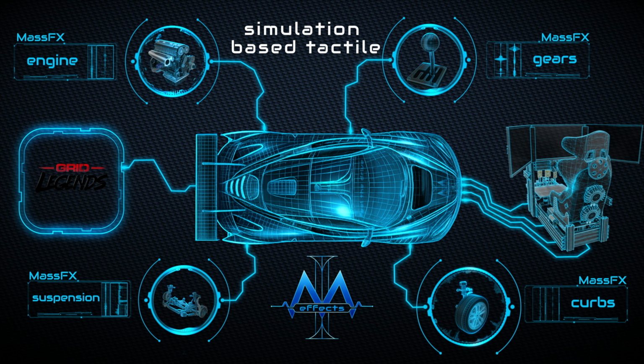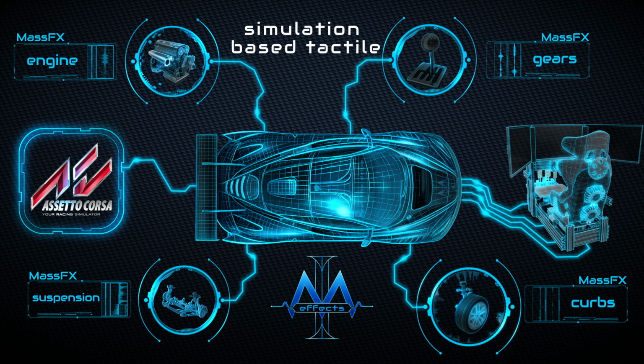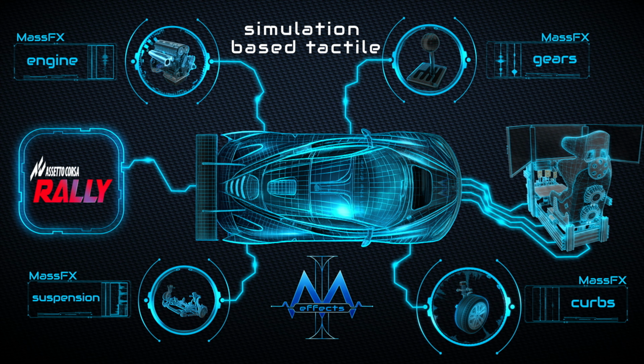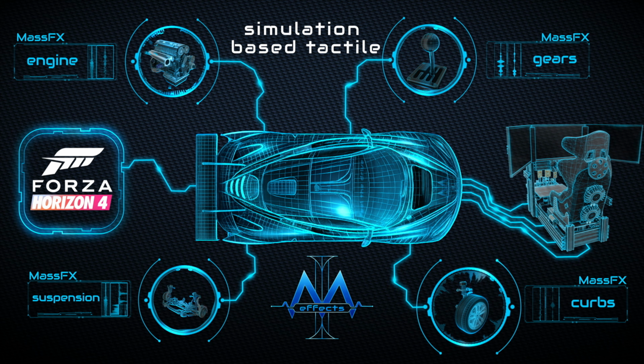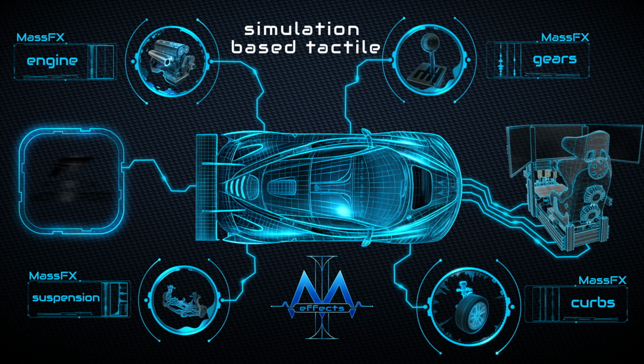The engine system models combustion behavior, mechanical response, load changes, and vehicle character. The suspension and impact system models wheel movement, surface interaction, load transfer, chassis response, force propagation, and secondary mechanical motion. The curb system models strikes, release, texture, and resonance. The gearshift system models drivetrain engagement and torque transfer.